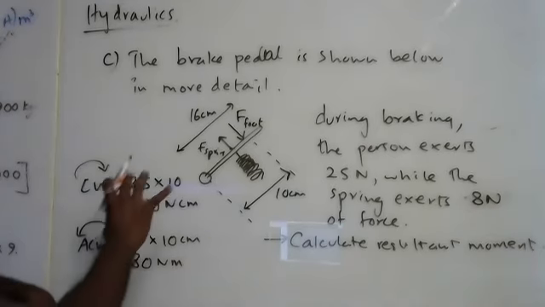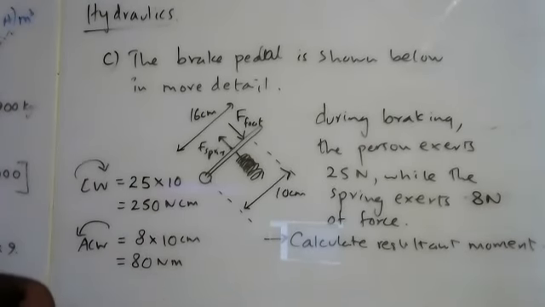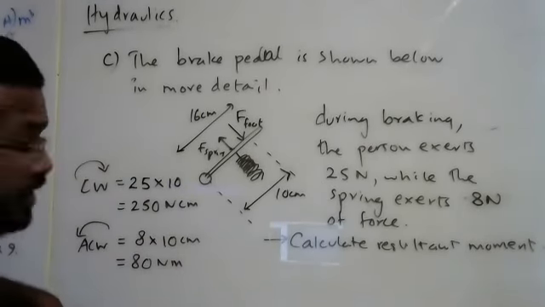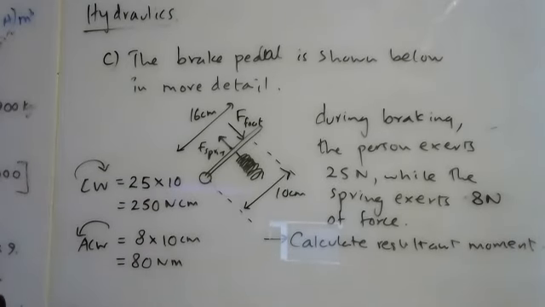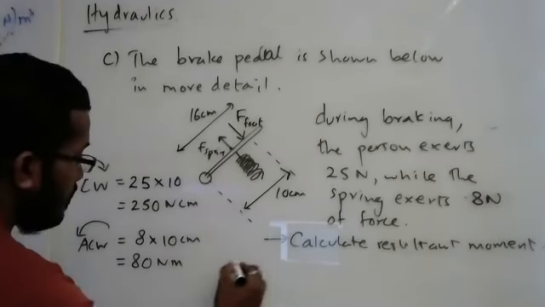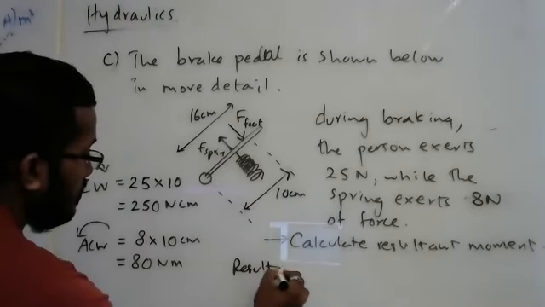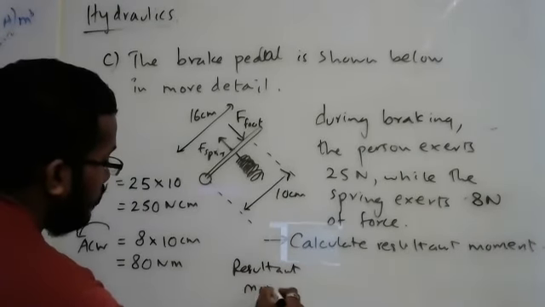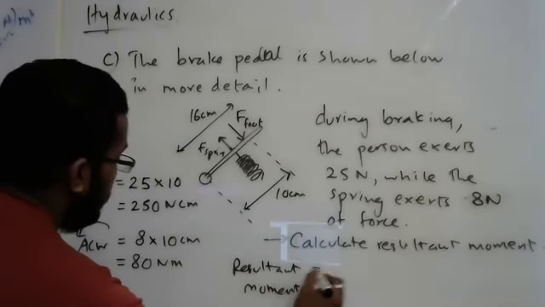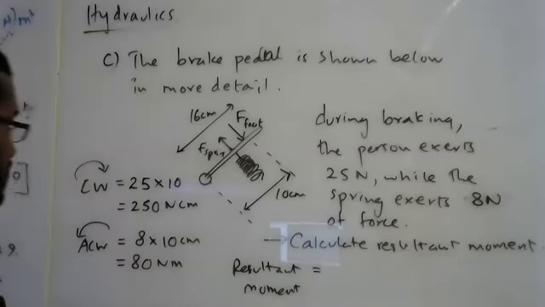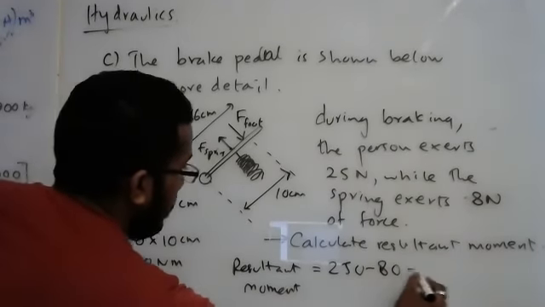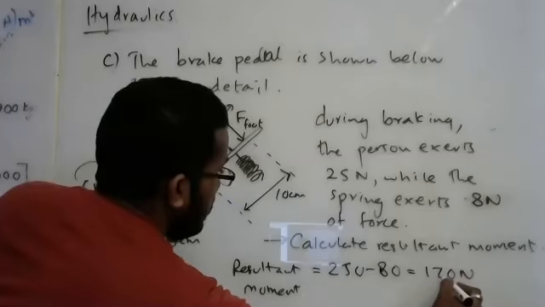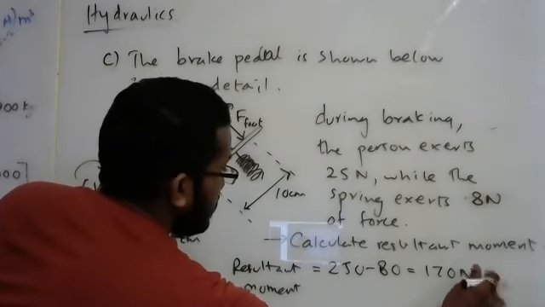Resultant is the difference between the two, in the direction of the larger one. So resultant moment equals 250 minus 80 is 170 Newton centimeters.